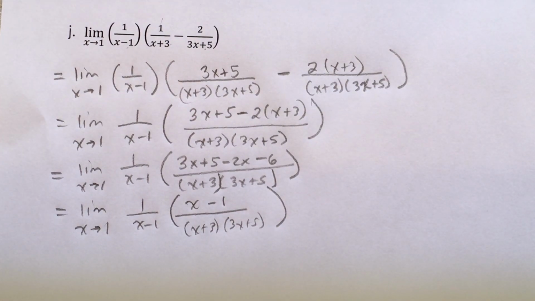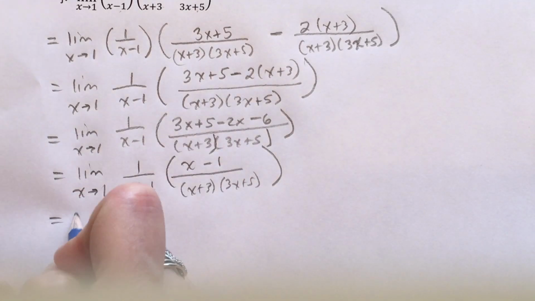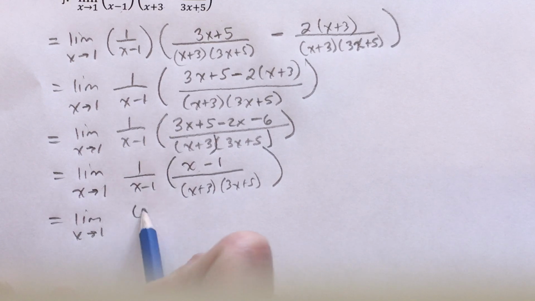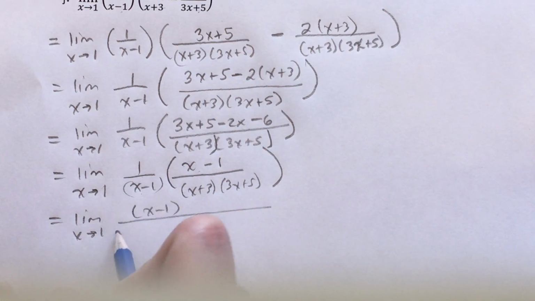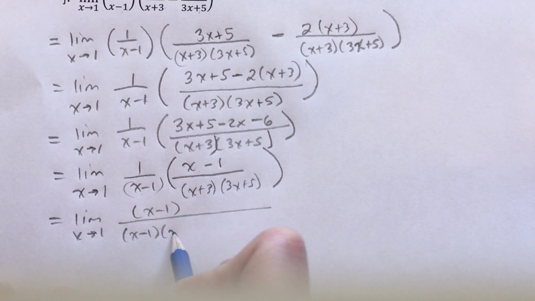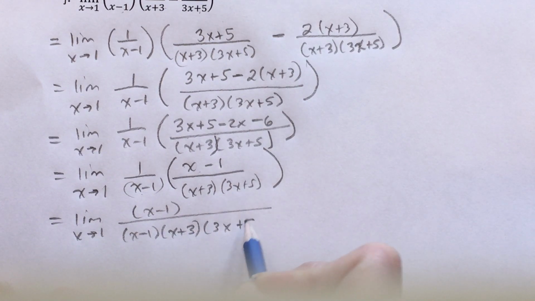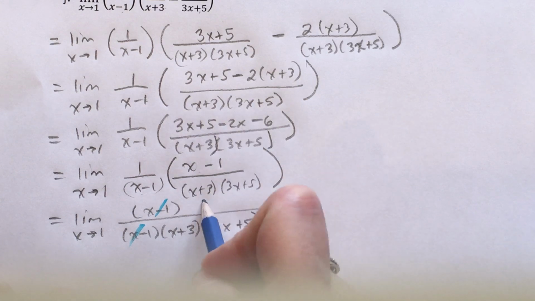So now maybe I'll just add another step in. So in the numerator, I've really got this 1 multiplying by x minus 1. And in the denominator, I've really got these 3 binomials all multiplying together. So these x minus 1's divide out, leaving me with 1 in the numerator.